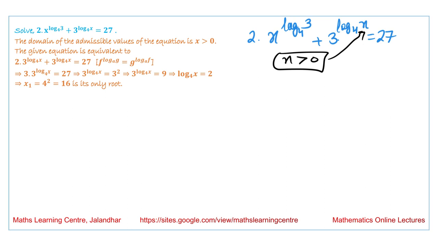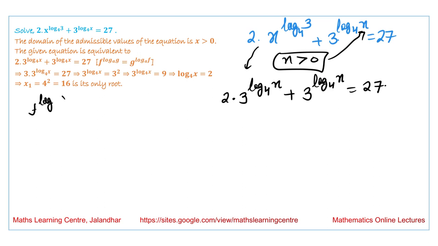So we are writing this equation in the form 2 into 3 raised to the power log x to the base 4 plus 3 raised to the power log x to the base 4, that is equal to 27. We are using the result that f raised to the power log g to the base a is equal to g to the power log f to the base a.